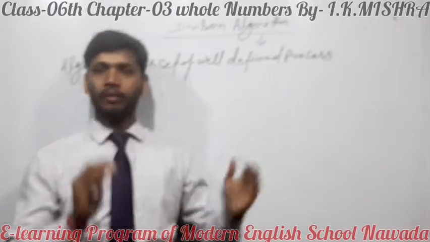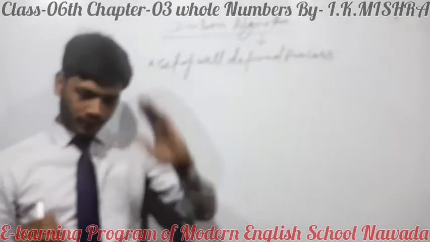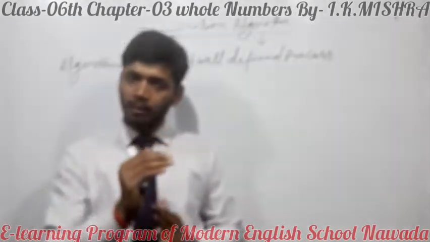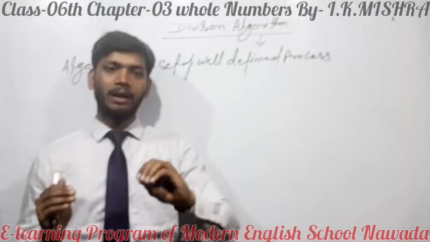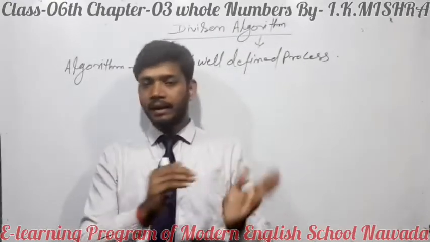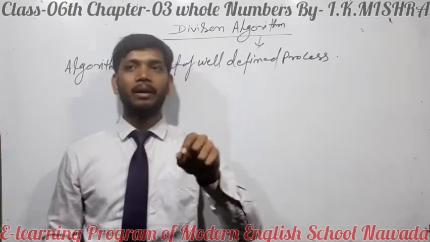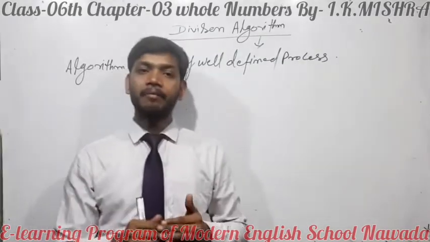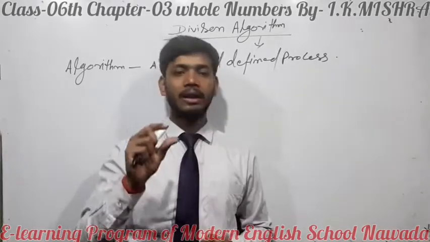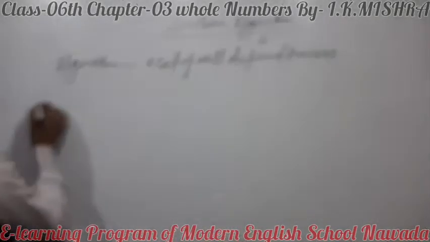In division, we use this process: first multiply the divisor by any whole number, write it below the dividend and then subtract, and this process is continued till the remainder is 0 or less than the divisor.